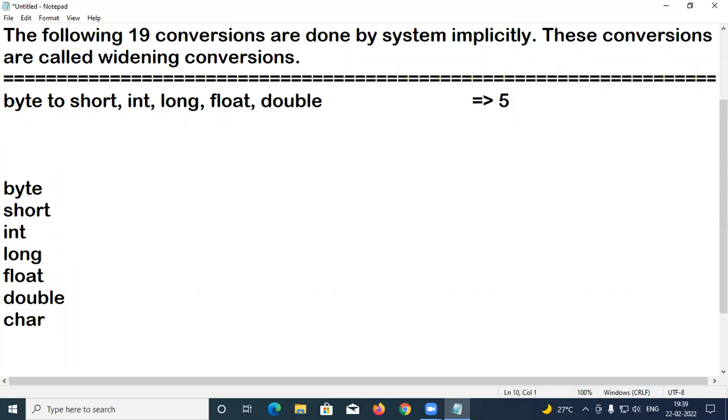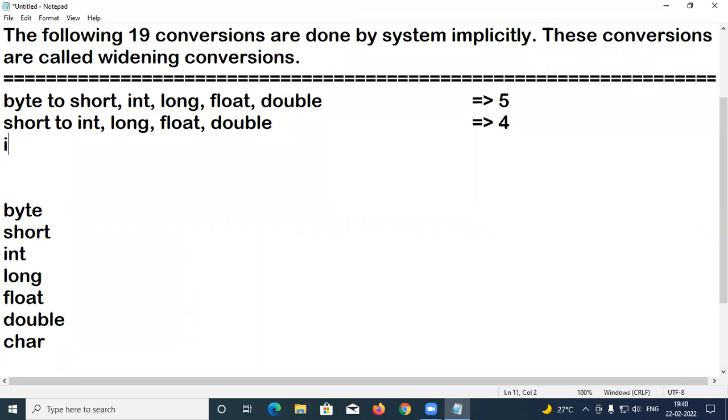After this, same for short, in the forward direction only. Short to int, top to bottom only, int to long, after that float, after that double. How many? 4. Same style. Now give me the answer. Int to long, next float, next double.